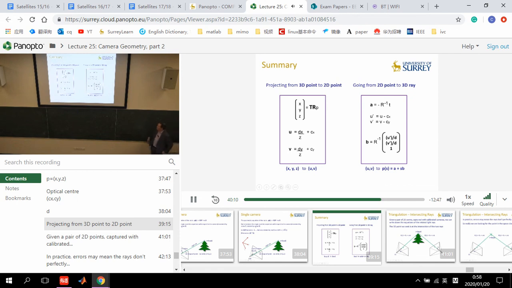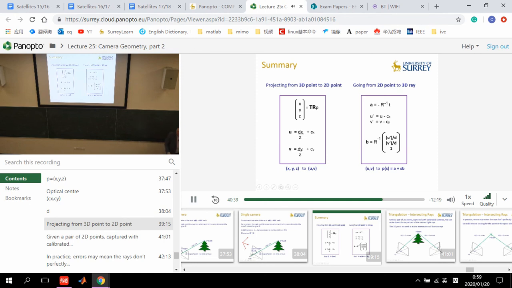And then we're going to define this direction for the ray B. Our parametric line, our ray, is going to start at A, the central projection of the camera, and move in direction B, so P of S equals A plus SB. This box is just telling us, given a U and a V, and the camera parameters, the intrinsics and the extrinsics, output an A and a B, which are the coefficients for this parametric ray.